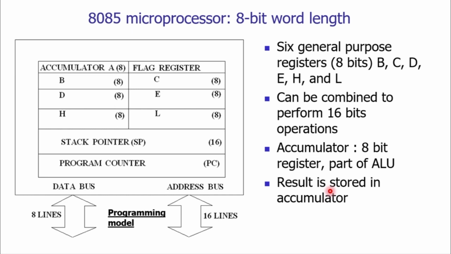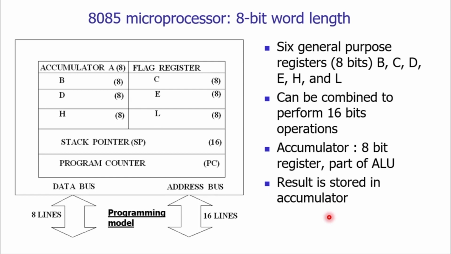Well, the general purpose registers are programmable. It means that a programmer can utilize them to load or copy data from these registers. And to do this, we have to carry out instructions.